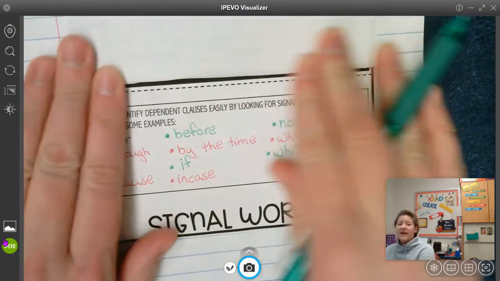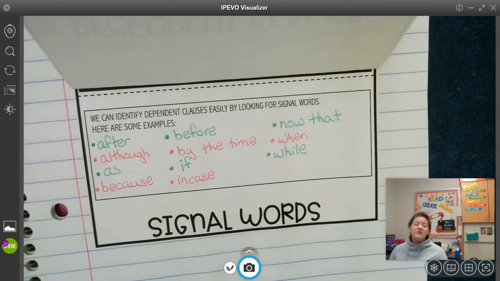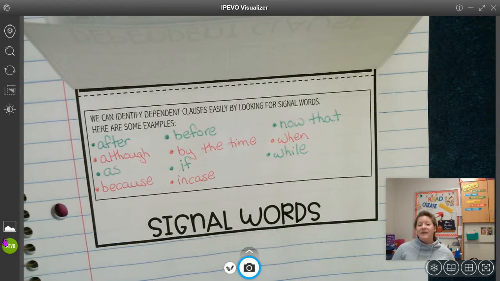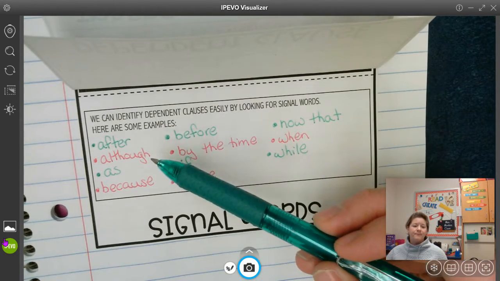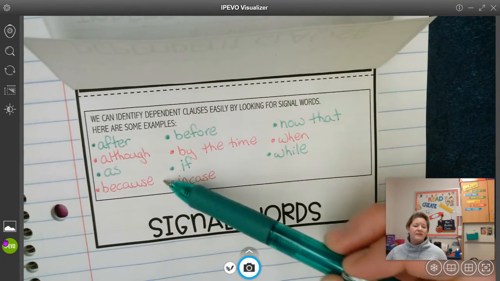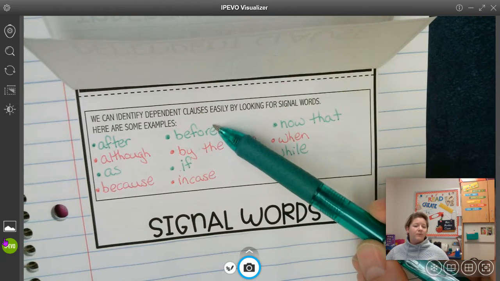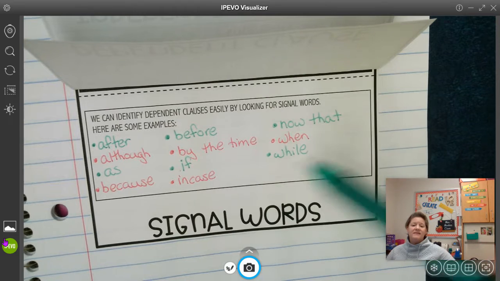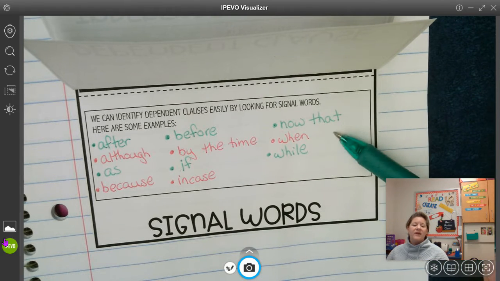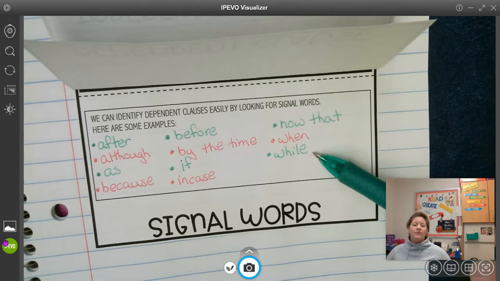Okay? Then we have some signal words. If you see these words at the beginning of a sentence, that's usually a really good indication that this is a dependent clause, that this sentence will not stand alone. So words like after, although, as, because, before, by the time, if, in case, now that, when, and while.